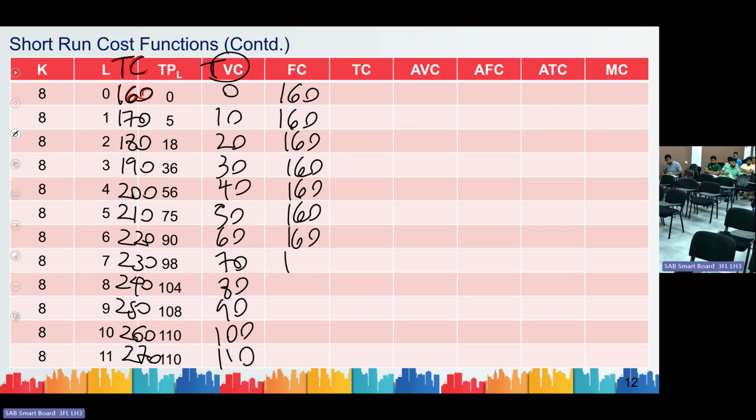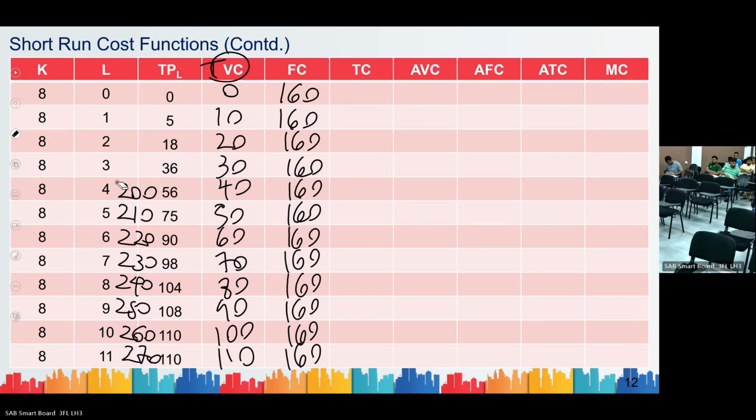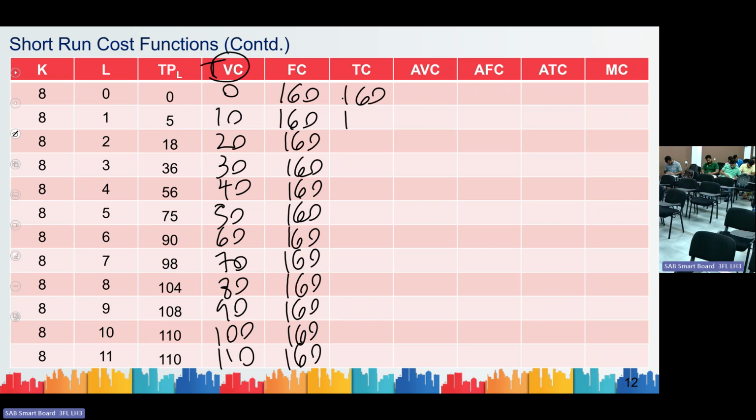There is a column to mention total cost. Total cost 160, 170, 180, 190, 200. Am I correct? Okay.